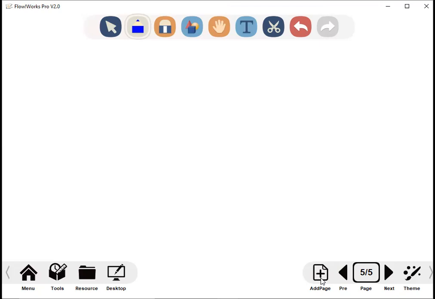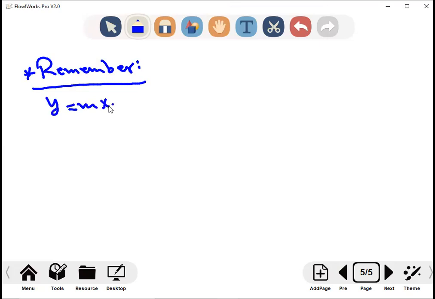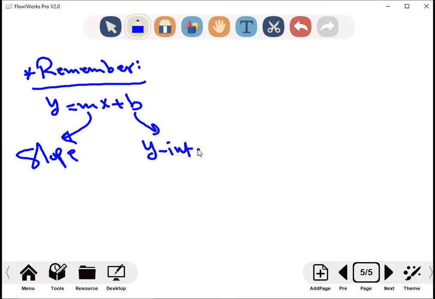But example 3, if you read the title, is by using the slope and y-intercept. The slope, you know the slope. Let's remember, you took the slope before. Now for the linear function y equals mx plus b, we call m the slope and b the y-intercept, which we found a moment ago.